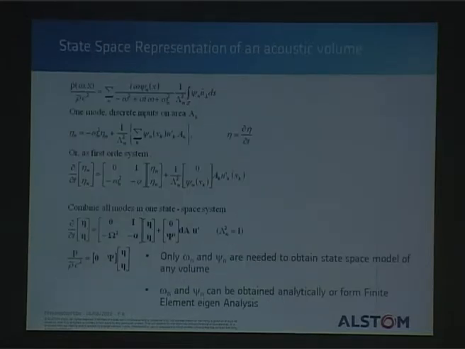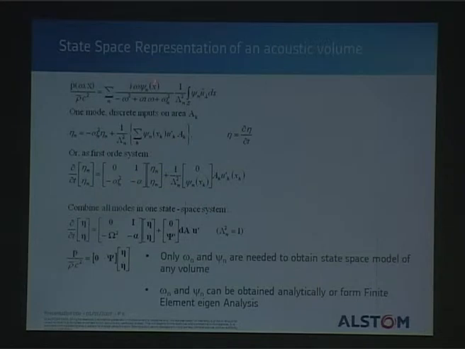Now here is an example of how we derive a state space model for an acoustic volume. So any acoustic volume, no matter how complex it is, we model it in finite elements with solid wall boundary conditions, and from that we get the mode shape, psi, and the resonance frequency, omega n. And that's the only thing that we need from the finite element computation.